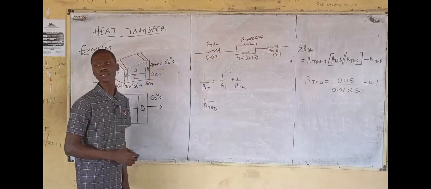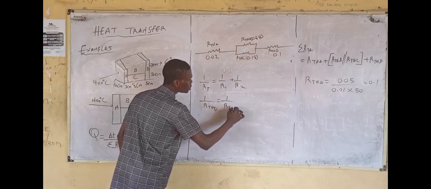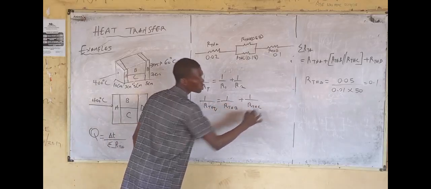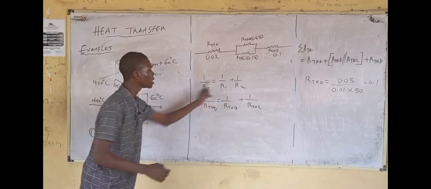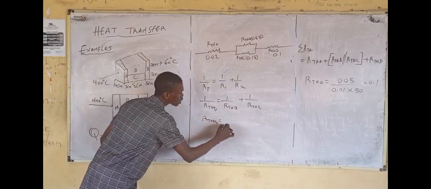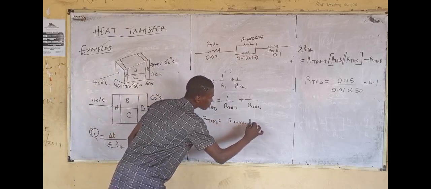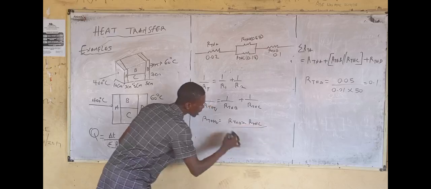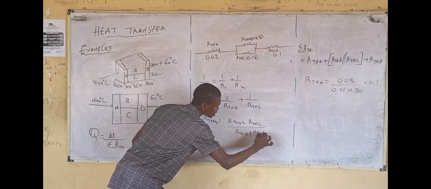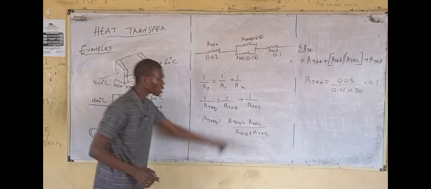Any question on that? 1 over RTHQ equals 1 over RTHB plus 1 over RTHC, so RTHQ is equal to RTHB times RTHC divided by RTHB plus RTHC. Any question on that?